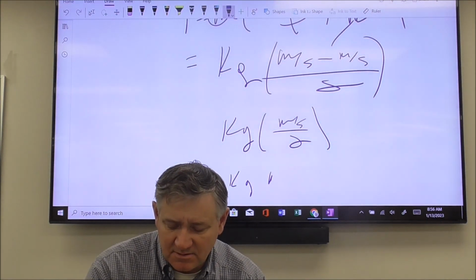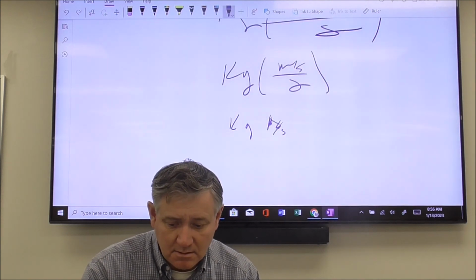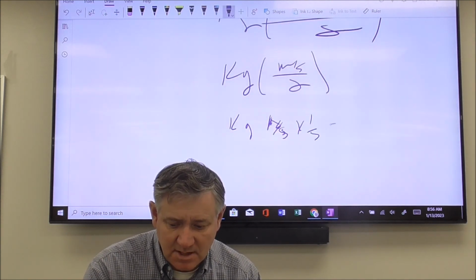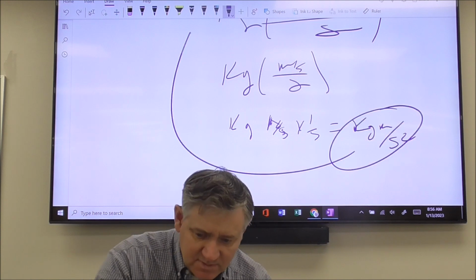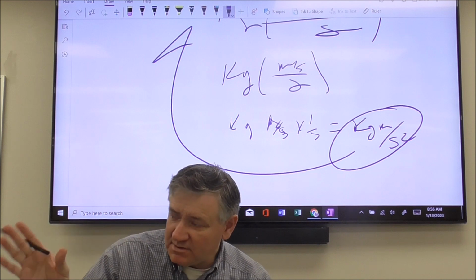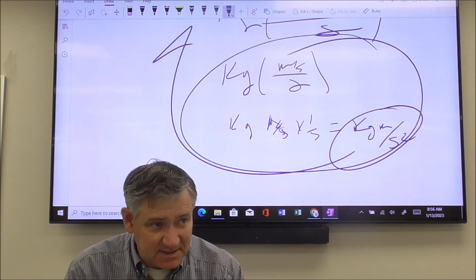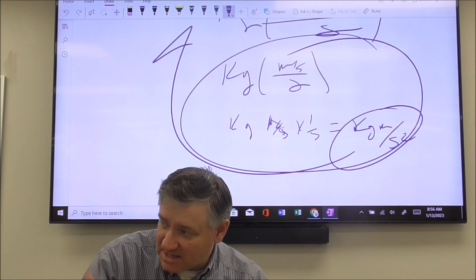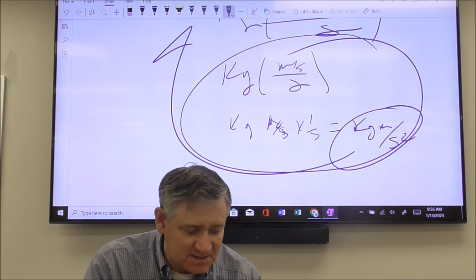So this becomes kilograms, meters per second times 1 over seconds. And you get kilograms, meters per second squared, that's what force is measured in. When I tell you to do dimensional analysis, this is what I expect to see. I expect to see things canceled out, to multiply by the reciprocal. That's what I expect to see.